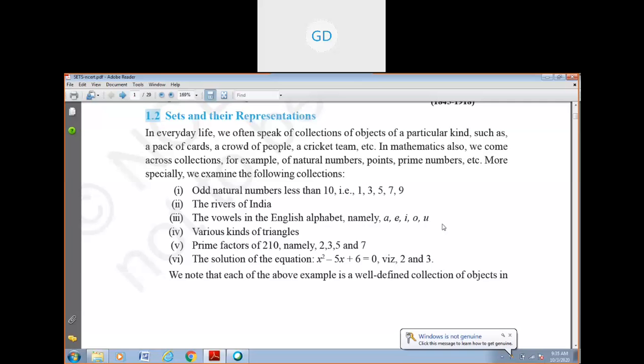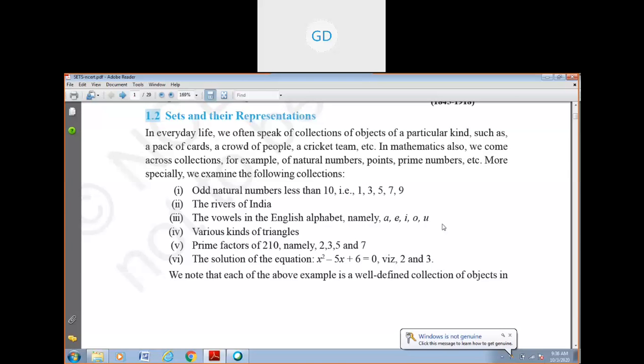A quadratic equation, suppose given, it is there on the screen, x square minus 5x plus 6 is equal to 0. A quadratic equation always has two solutions, two roots. If we say the collection of roots or collection of solutions of this equation, that is also well defined, because the equation is given, which means roots are defined.